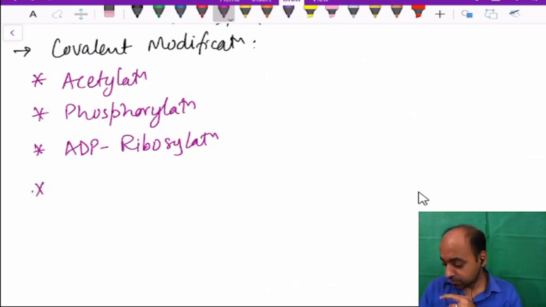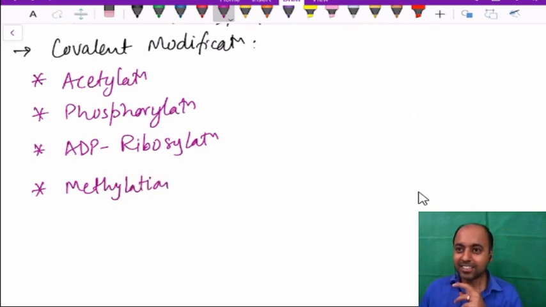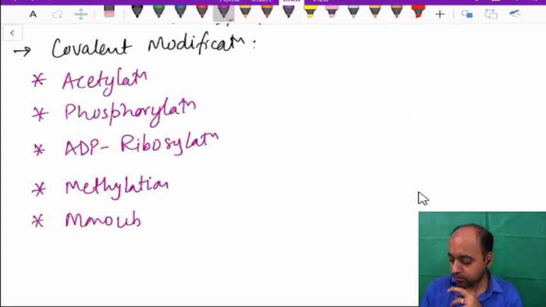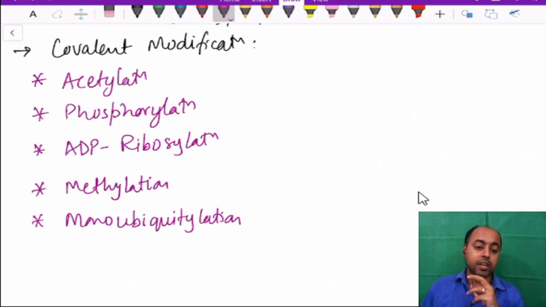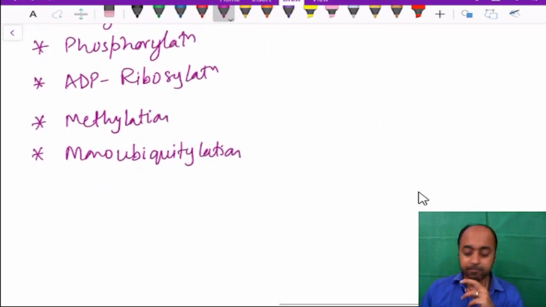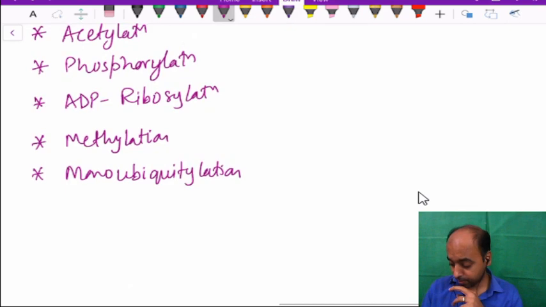We can have methylation. We can have monoubiquitination. The attachment of a single ubiquitin is known as monoubiquitination. Then another change is known as sumoylation.